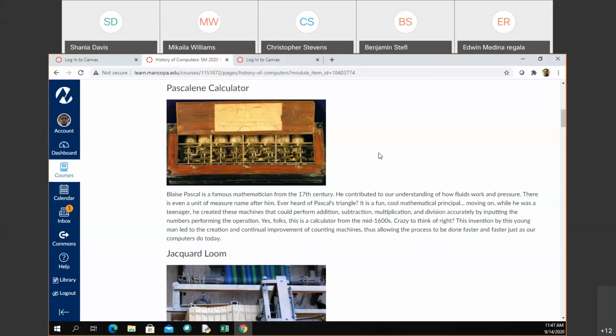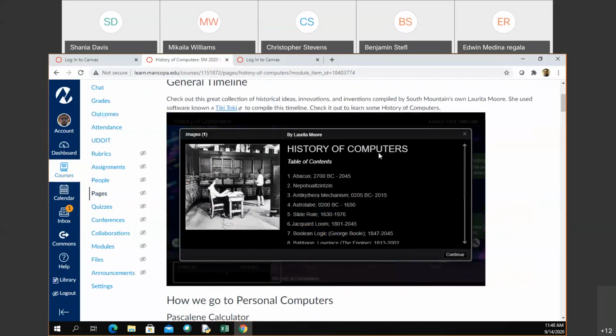So, yeah, that's a pretty ancient device, but it's a computing device. And like I said, there are others too. So what you'll notice up here is that Miss Larita Moore, she's a professor at Southmont Community College. She has this thing that's called a Tiki-Toki, and you can use it to create a timeline.